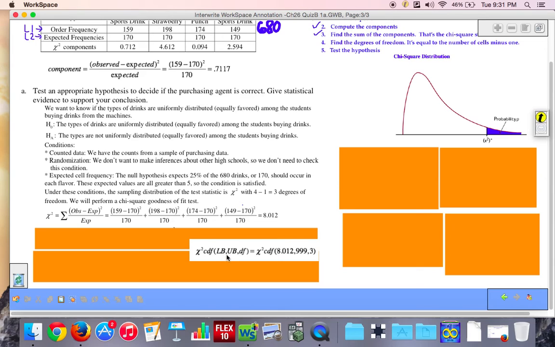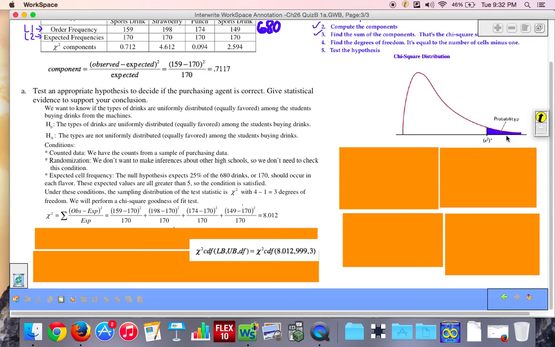We need a lower bound, an upper bound, and a degrees of freedom. Again, degrees of freedom is n minus 1, and n represents a number of cells. In our original data, we had 4 cells, so our degrees of freedom would be 3. Taking a look at our distribution here, our chi-squared right here would be 8.012.